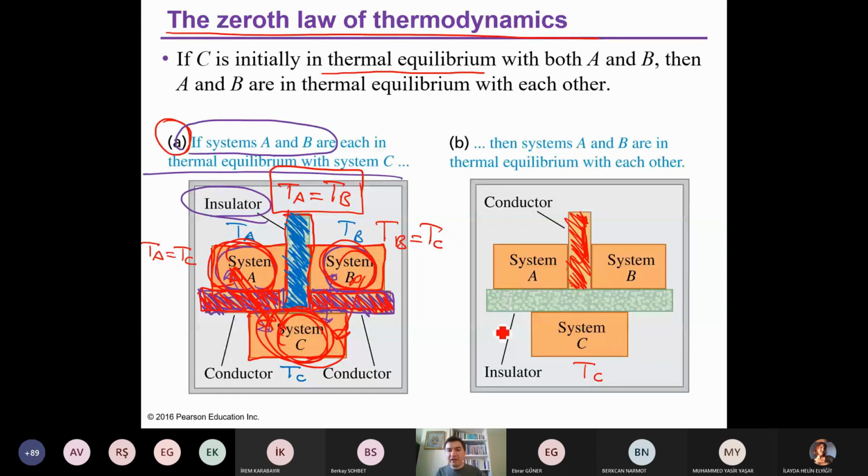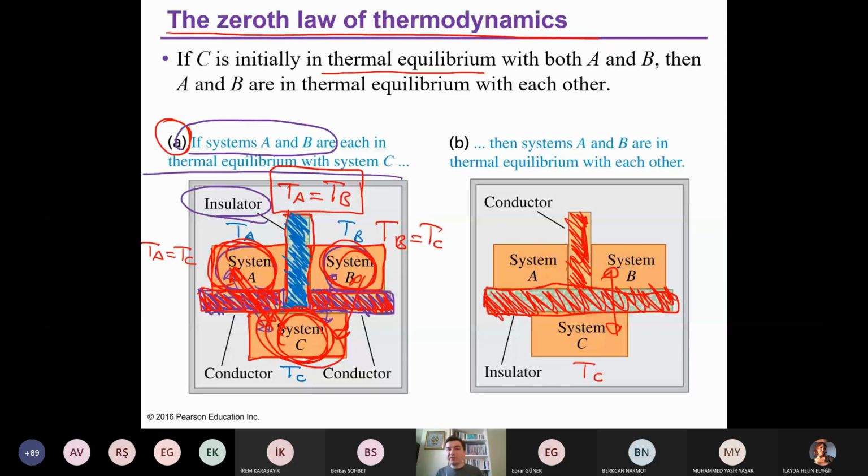If you have a perfect insulator, just consider that you have a perfect thermal insulator. It means that there is no heat transfer between two systems, because here we have a thermal barrier. So we will go into detail with this one. So this is the zeroth law of thermodynamics. It talks about the thermal equilibrium. Do you have any question here?